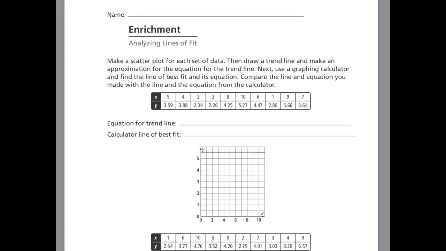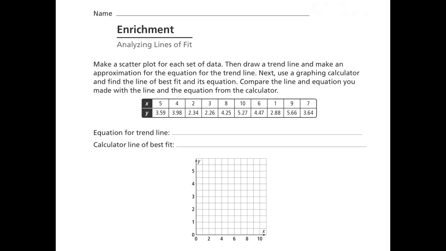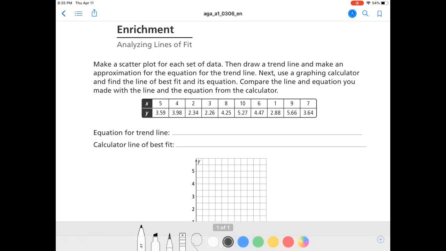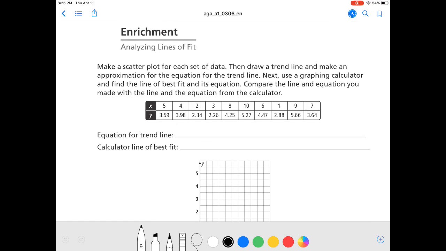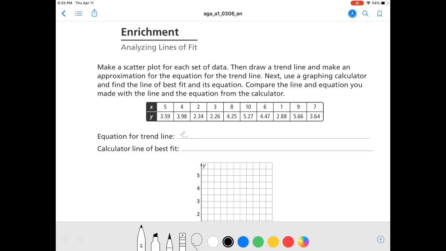Our last worksheet on the last page is the enrichment, analyzing the lines of fit. You're going to make a scatter plot for each set of data by drawing it on the table below. Then you're going to draw the trend line and make the approximation, which is just like what we did on the earlier worksheet where we estimated our trend line equation by finding the y-intercept and the slope.